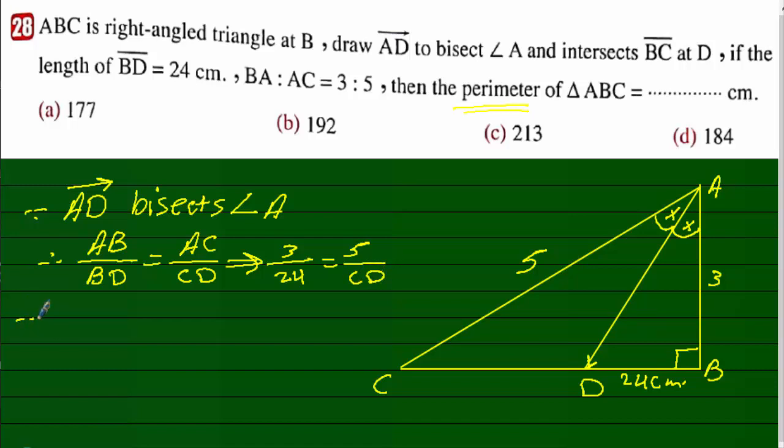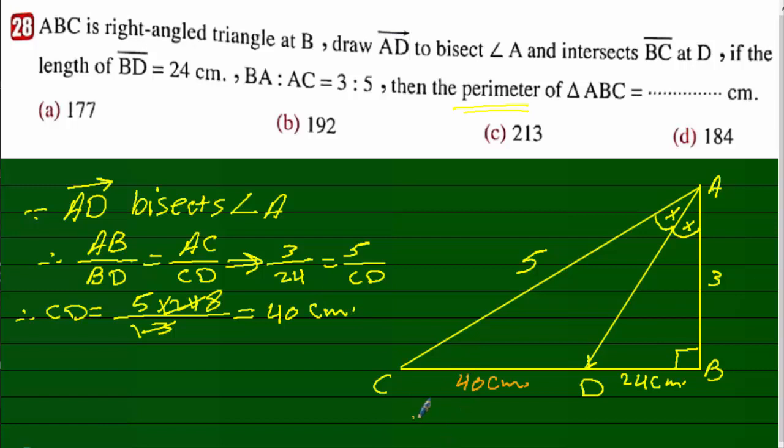And then we calculate CD equals 5 multiply 24 over 3. Divide 24 by 3 equals 8, and 5 multiply 8 equals 40 centimeters. And we write 40 centimeters.